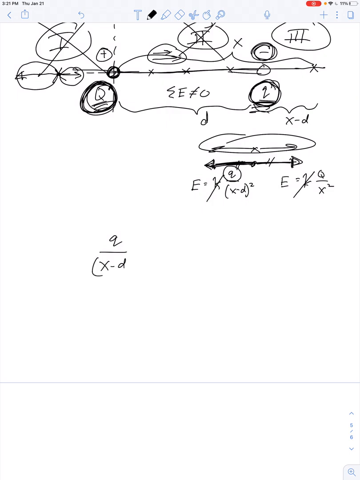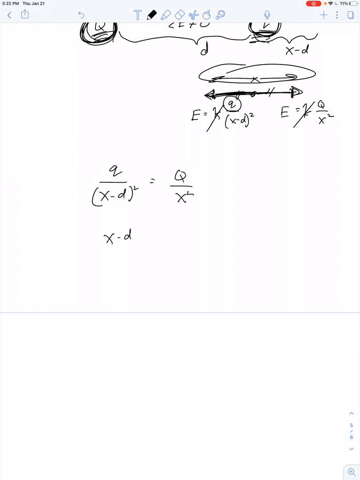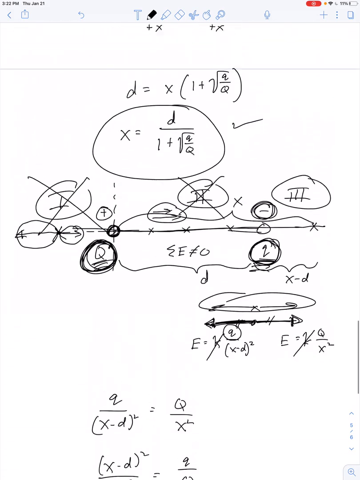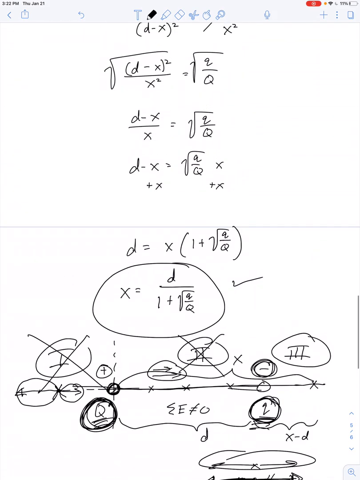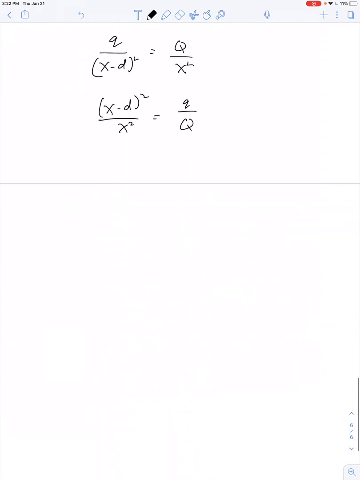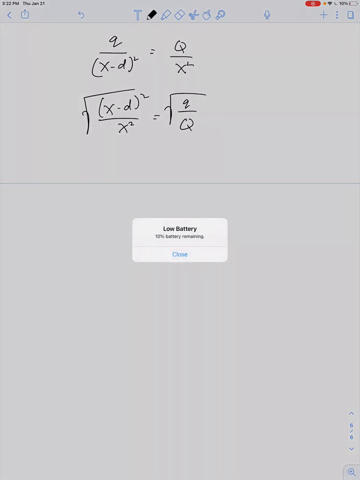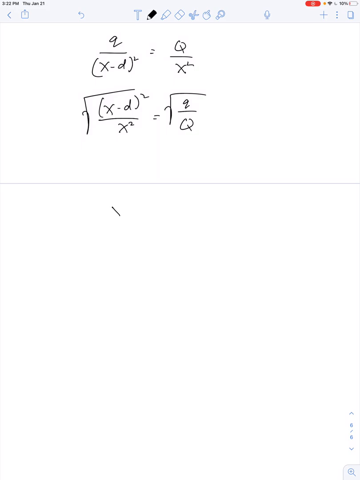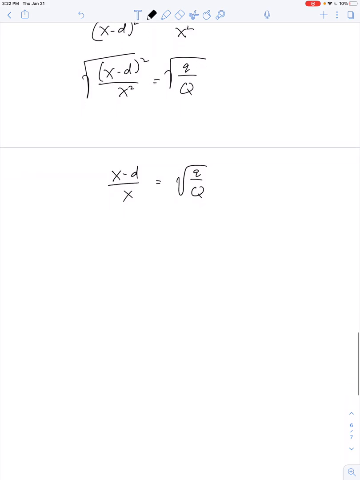q over (x minus d) squared is equal to capital Q over x squared. We cross multiply. (x minus d) squared over x squared is equal to lowercase q over capital Q. Almost the same thing we had before. The only thing that's changed is instead of d minus x, we have x minus d. We take the square root of both sides, and we have (x minus d) over x is root of the charge ratio.